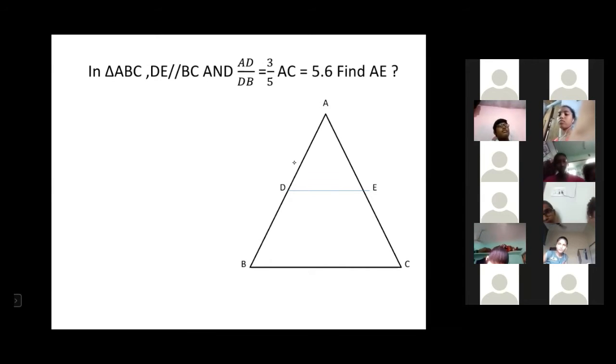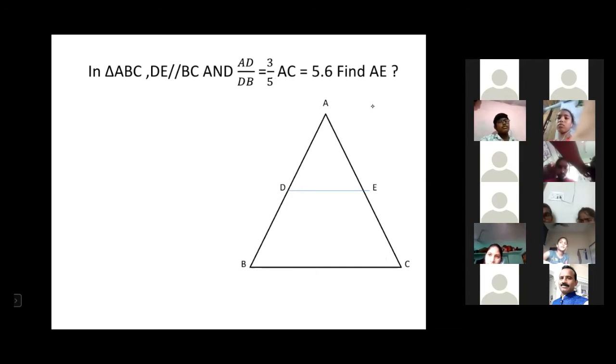This is the ratio on the second side, AB. And the AC value, the entire third side, is given as 5 by 6. Find AE. A is the upper portion of AC.